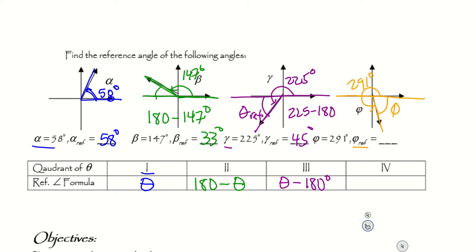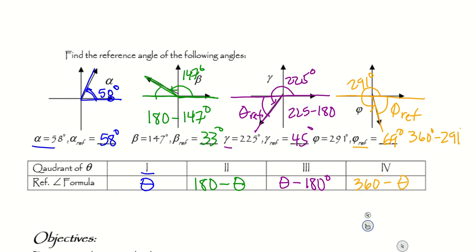To find that measure, I'm going to start with my full circle, 360, and subtract my rotation of 291. So I end up with 69 degrees. So here I took 360 degrees and subtracted my angle from that.